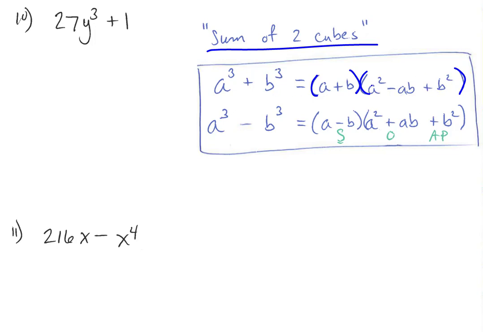That's the sum of cubes. The difference of cubes is very similar, and it begins as a cubed minus b cubed. So notice that initial sign there is either a plus or a minus. That's what distinguishes a sum or a difference of cubes. But then the difference of cubes turns out to be factored as a minus b as the first factor, and then following that, a squared plus ab plus b squared.